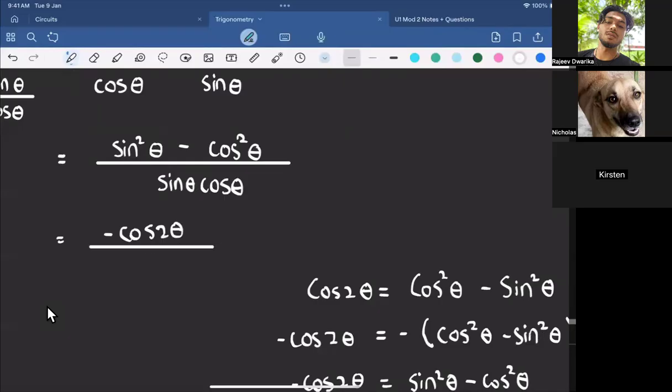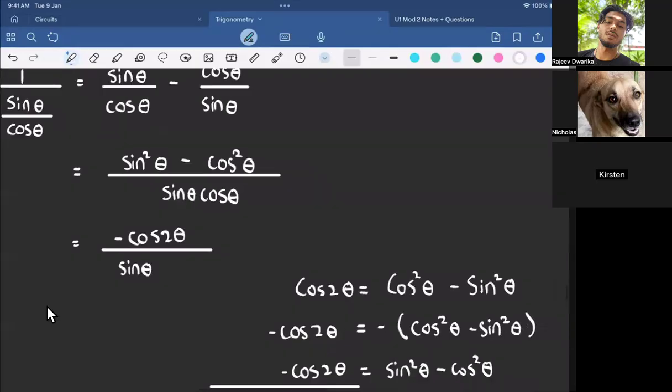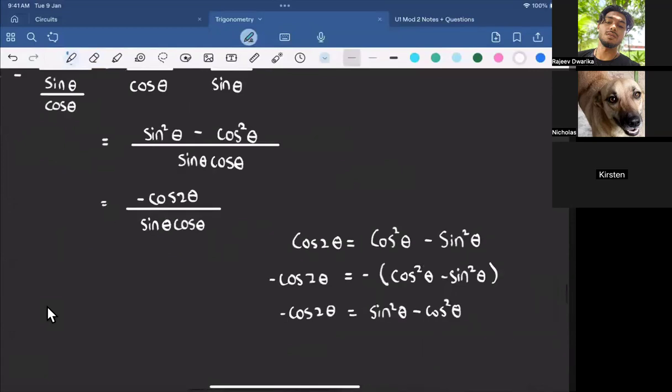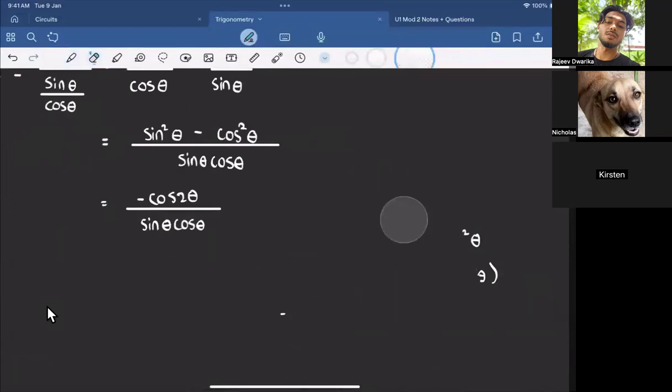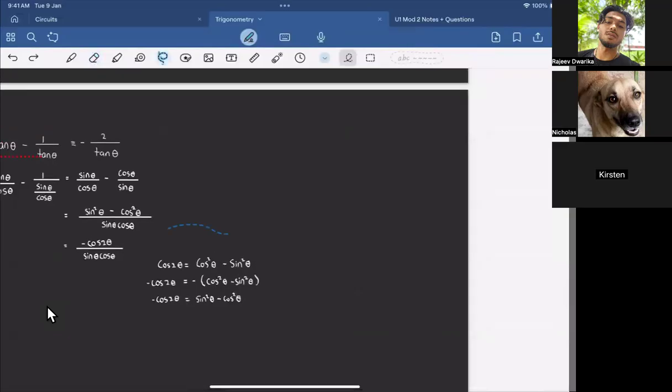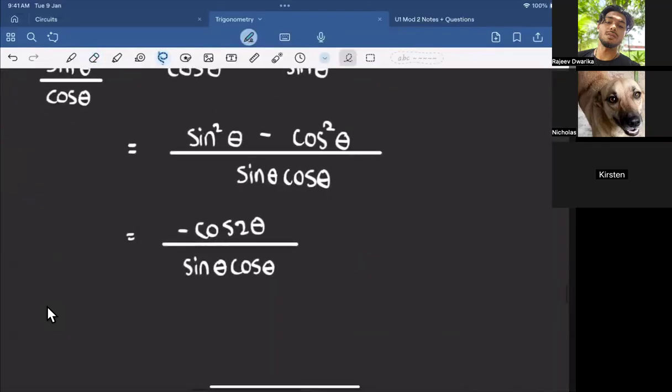And now in the bottom we have sine theta. Now we're going to try to utilize another identity.